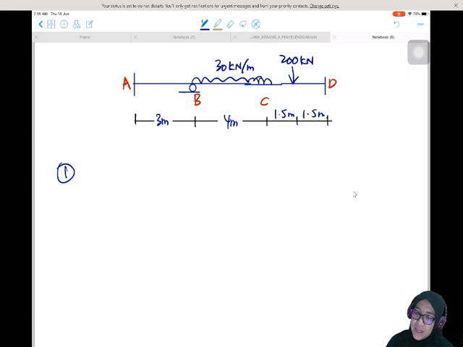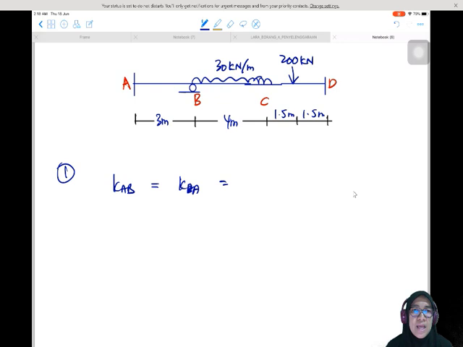We will determine the stiffness factor first. KAB. Remember that stiffness is for element. So KAB is equal to KBA.